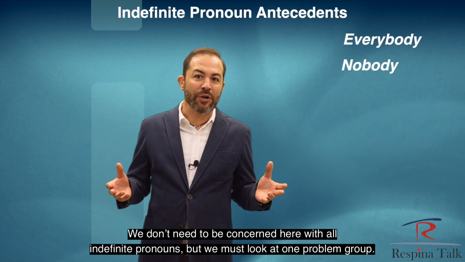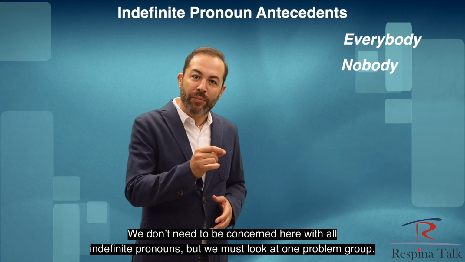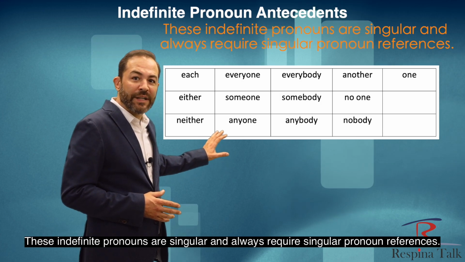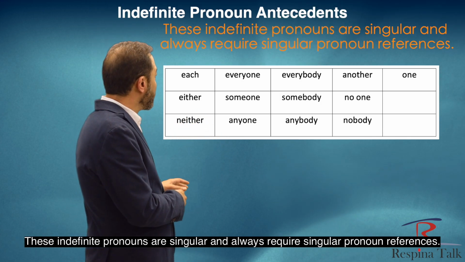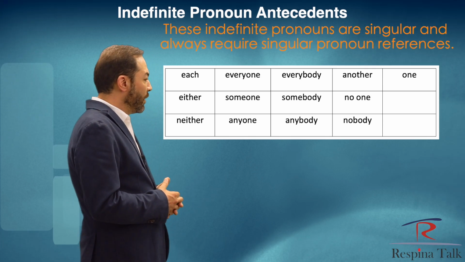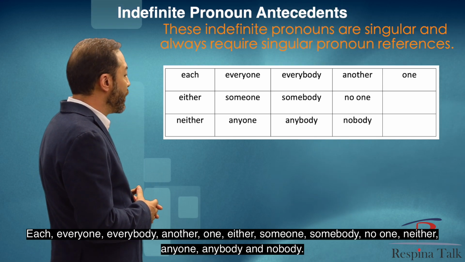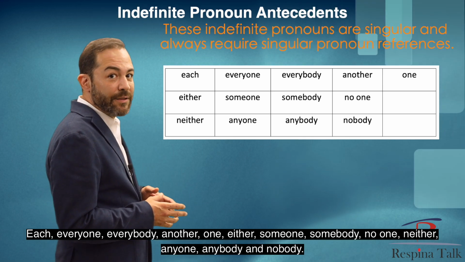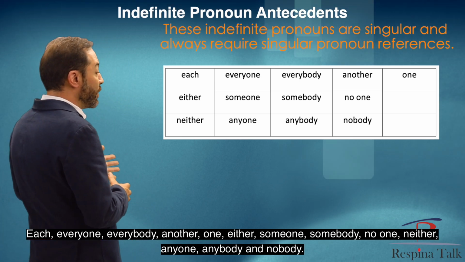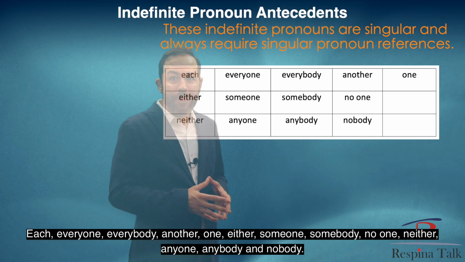We don't need to be concerned here with all indefinite pronouns, but we must look at one problem group. These indefinite pronouns are singular and always require singular pronoun references. Let's take a look at them: each, everyone, everybody, another, one, either, someone, somebody, no one, neither, anyone, anybody, and nobody.